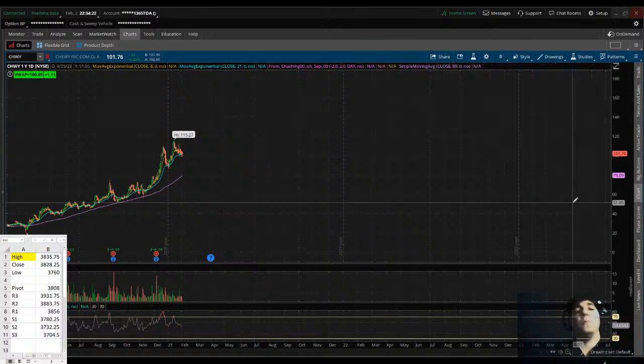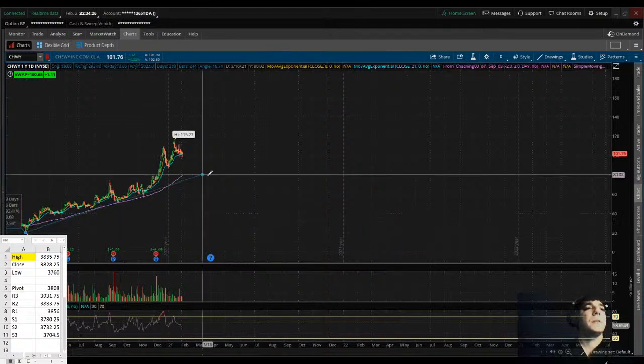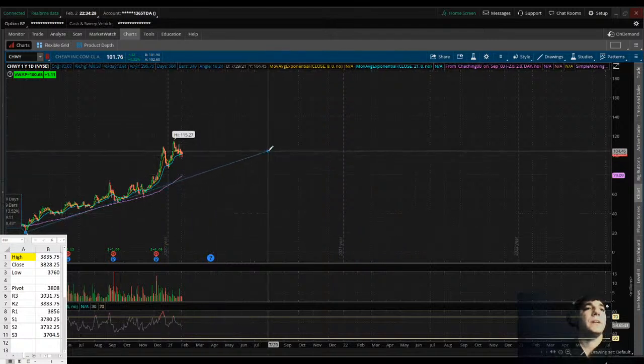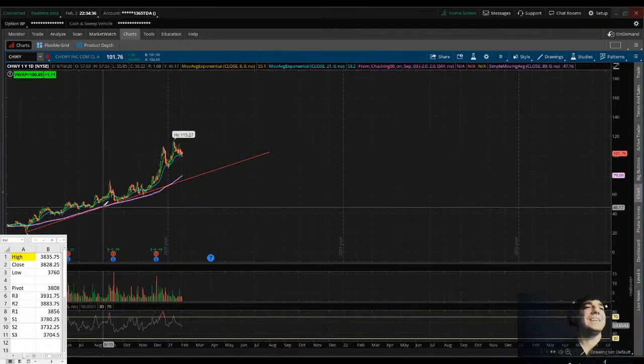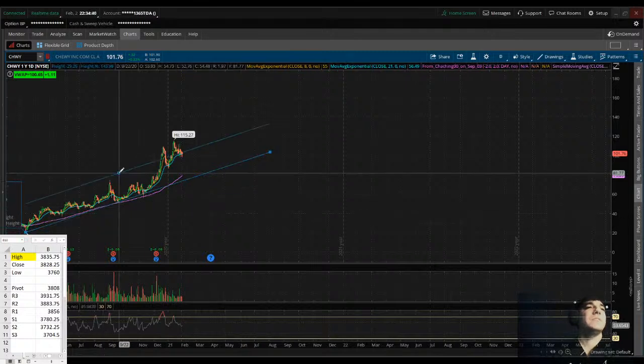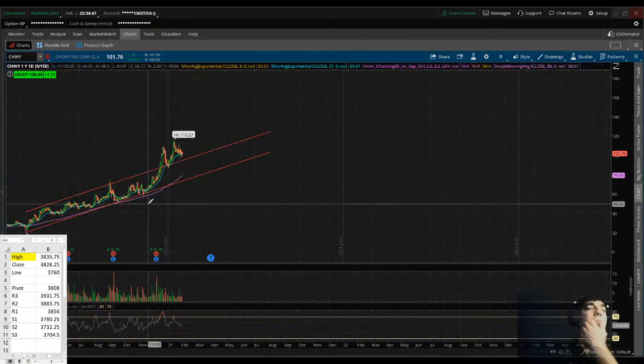When you look at open interest, especially if you're following a big trade, I think it's critically important that you keep track of that.